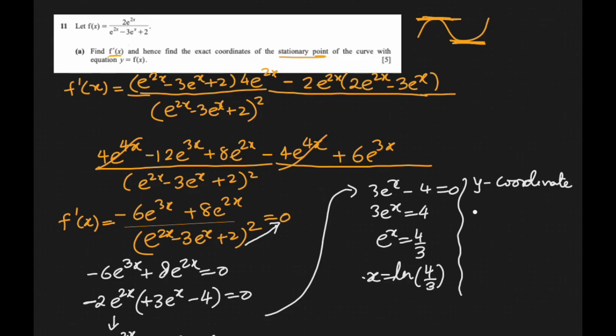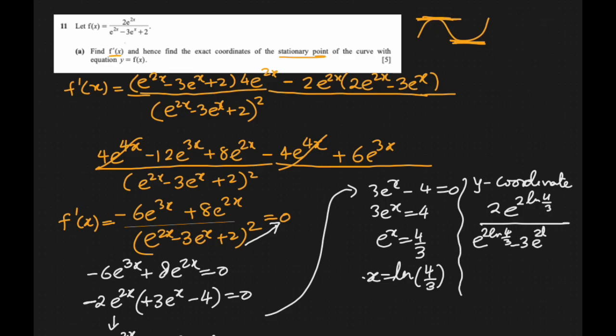So 2 e to the power 2 times natural log 4 over 3, divided by e to the power 2x, 2 natural log 4 over 3, minus 3 e to the power natural log.